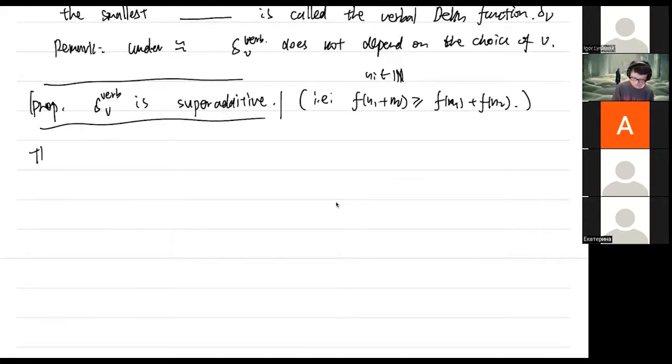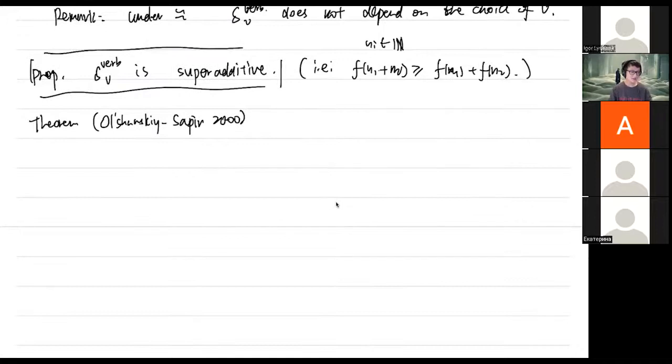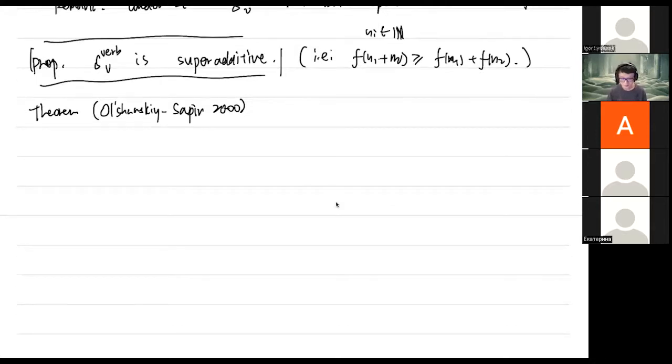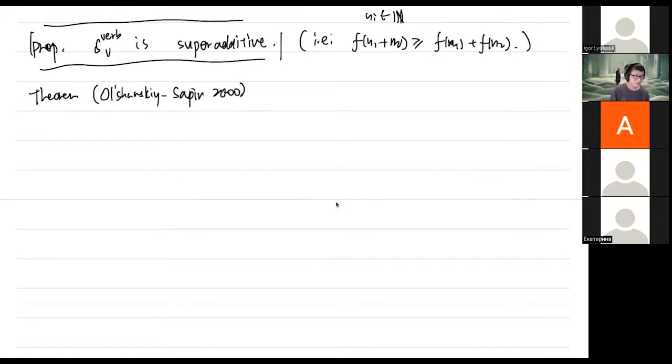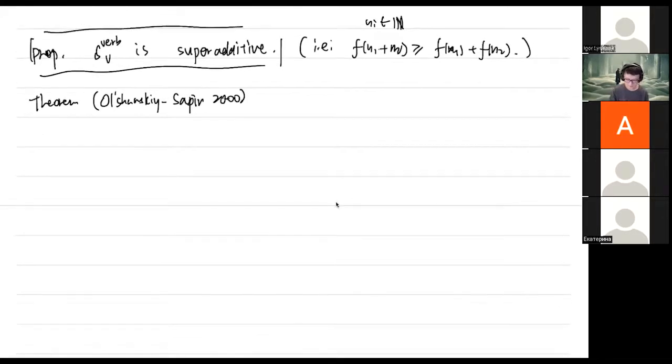The theorem, by Olshanskii and Sapir, given in 2000, is that if we know the verbal Dehn function, we can embed the free group inside the variety into some nice finitely presented group with some nice bounds on its isoperimetric function.